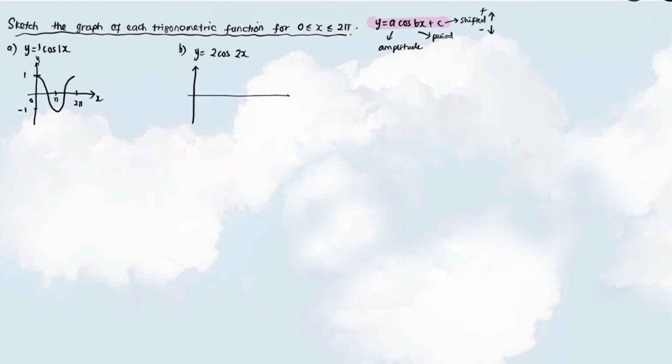For y equal to cos 2x, the period is 2, meaning that the cycle is 2 to reach pi. So here write pi, 0, label the x-axis, and the amplitude is 2, negative 2.